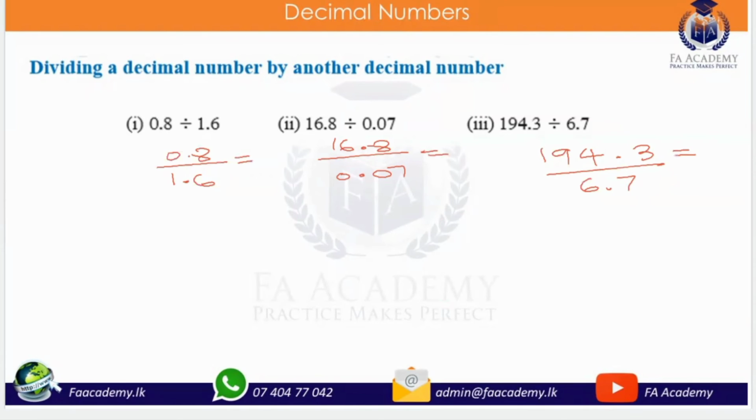So in this stage, we use the same concept which we used before. We cannot keep a denominator as a decimal number and then come towards the last answer. It's hard for us. So simply we should make the denominator a whole number, right?